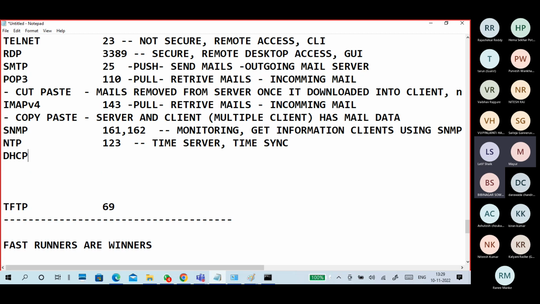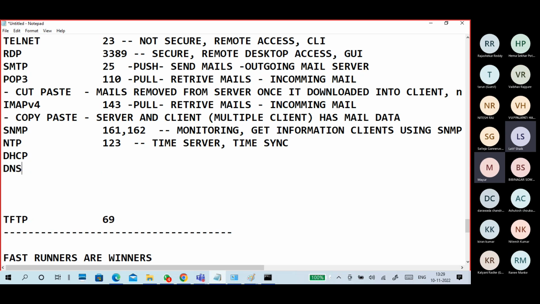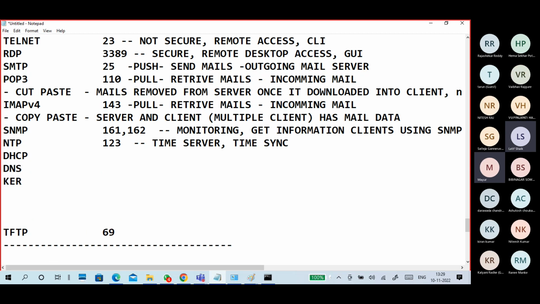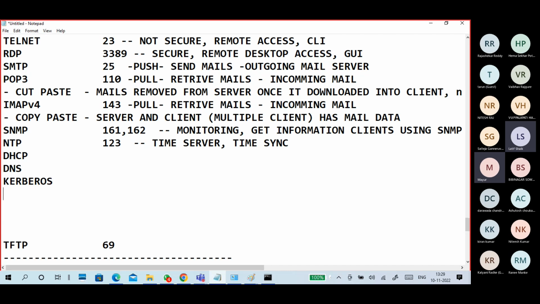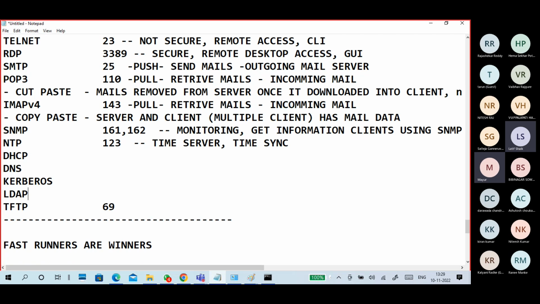It's very important. DHCP, DNS, Kerberos, LDAP. DHCP, Dynamic Host Configuration Protocol, assigns IP addresses to clients automatically. It configures client IP addresses. That is the DHCP server.